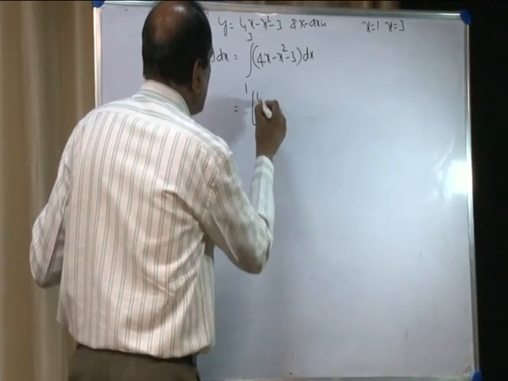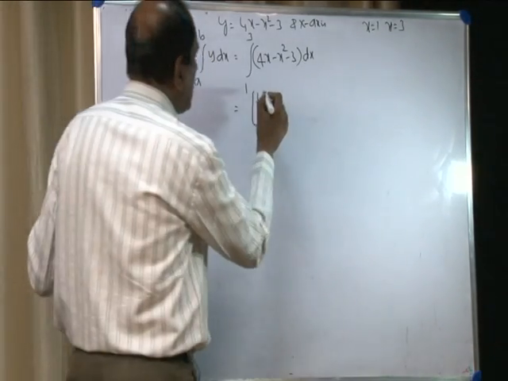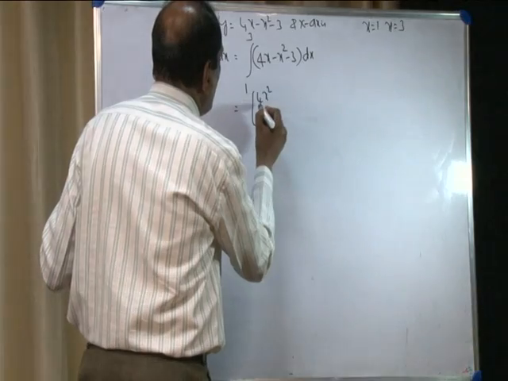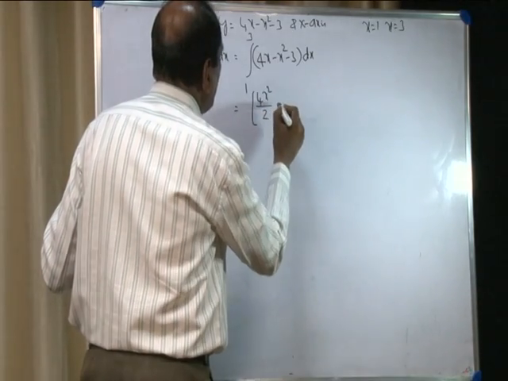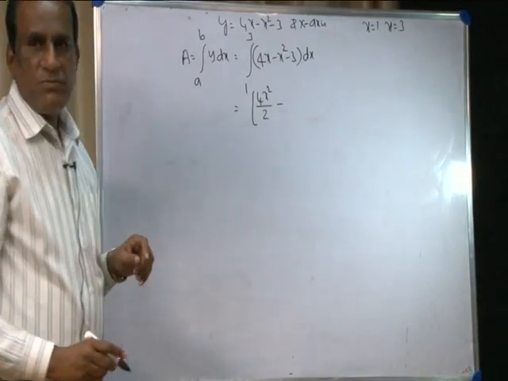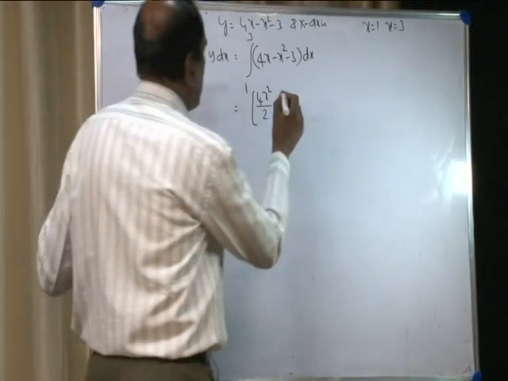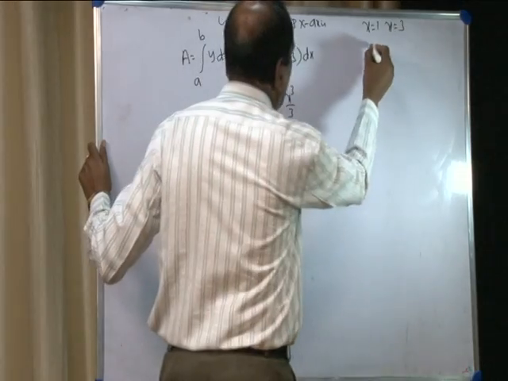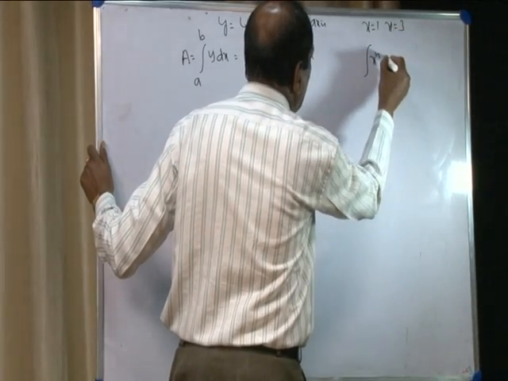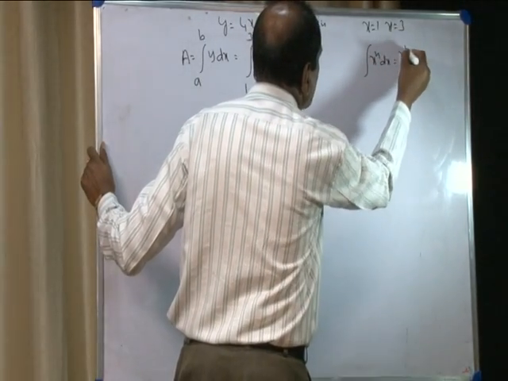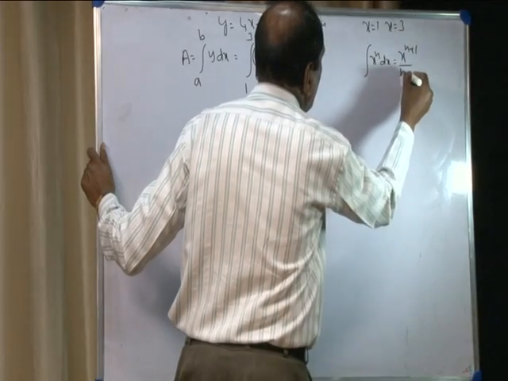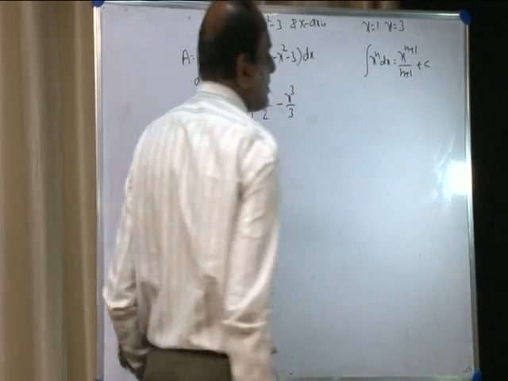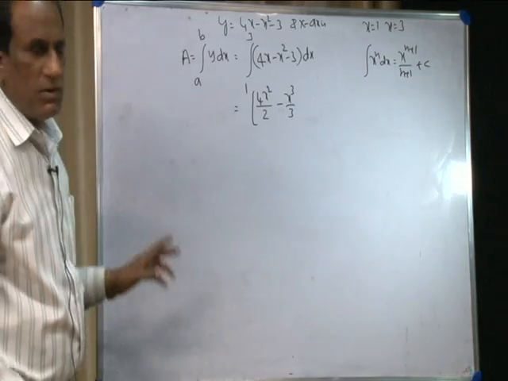4 is a constant. The integration of x with respect to x is 4x square by 2, minus the integration of x square, which is x power 3 by 3. That is the first formula: integration of x power n dx is equal to x power n plus 1 by n plus 1 plus c, for all values of n except n is equal to minus 1.